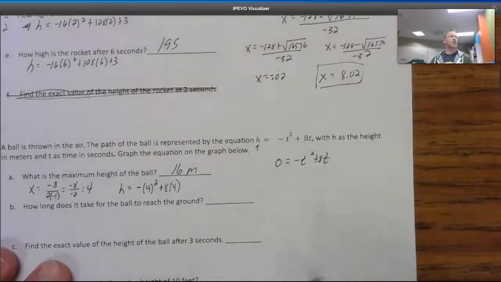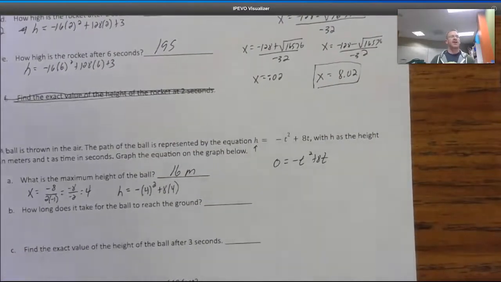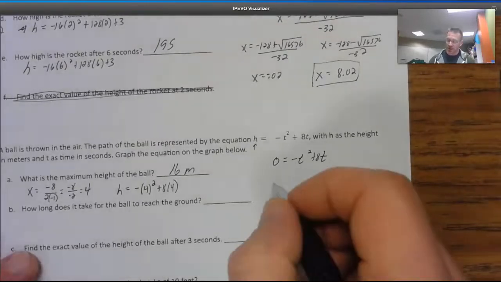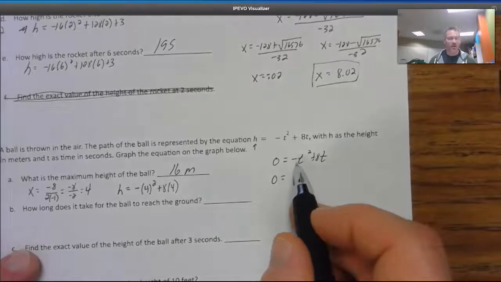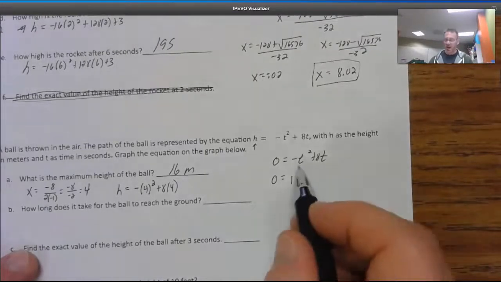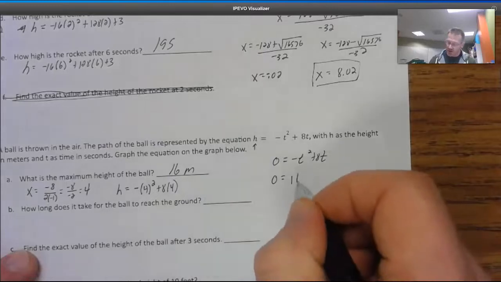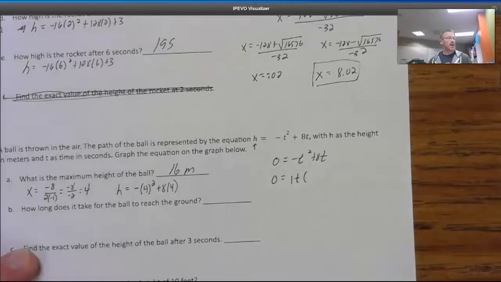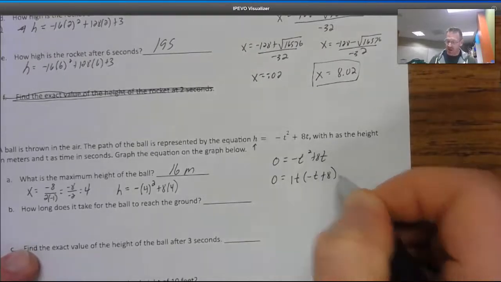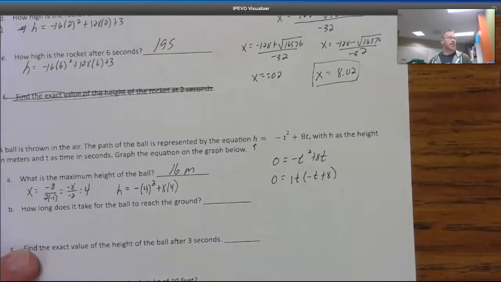If I see two terms, my first thought is, can I find a GCF? Notice, what's the biggest number that goes into -1 and 8? That would be 1. And then how many t's do they have in common? 1 t. So I can factor out a GCF very quickly here, and then I have -t plus 8 in my parentheses.